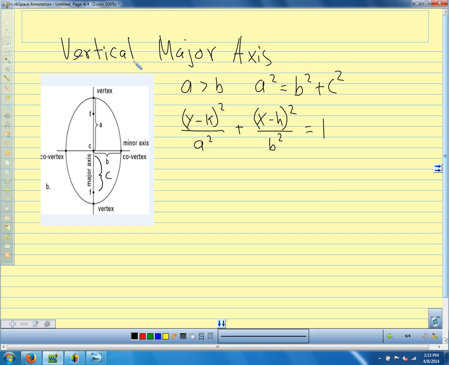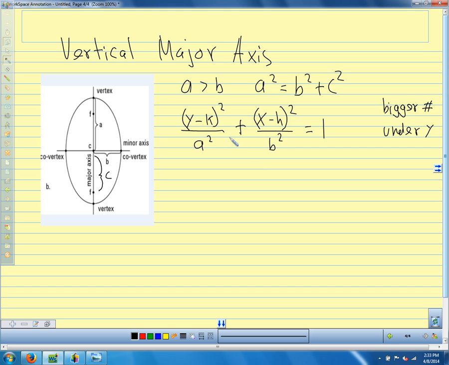If we look at our equation, the way we can tell if we have a vertical major axis is that the bigger number is under the y. And we always have a plus sign here for an ellipse. We'll talk about what happens when we get a minus sign there next time. That gives us a hyperbola.